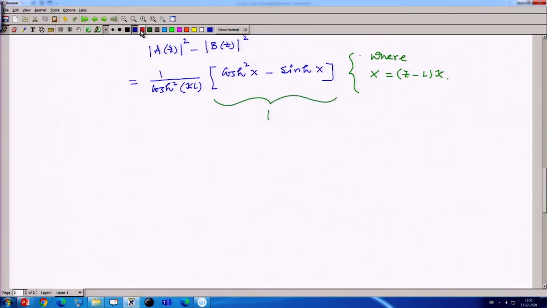So, eventually we have mod of A(z) squared minus mod of B(z) squared equal to 1 divided by cosh squared of kappa L, which is a constant.